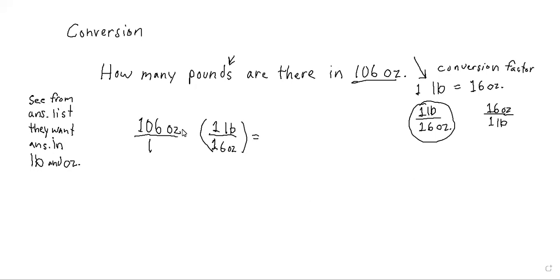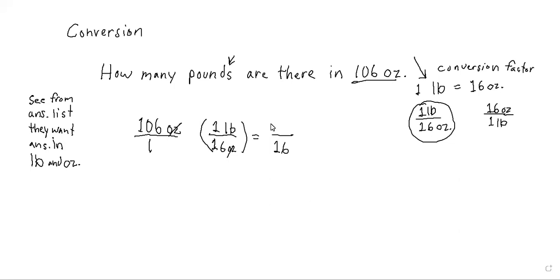Well, the good thing about units is that whenever you have a matching pair in the top and bottom, like here we have ounces in the top and ounces in the bottom, they cancel out like numbers. So units always cancel out like numbers. So we can go ahead and cancel them out. So this ounce up here cancels out with this ounce down here. Now we just multiply across. We get 1 times 16, which is 16. And in the top of the fraction, we get 106 times 1 pound.